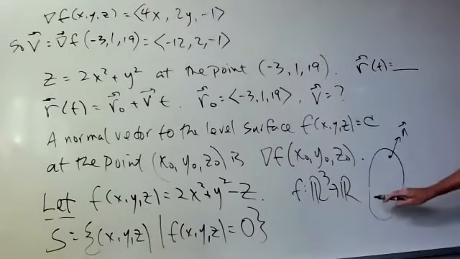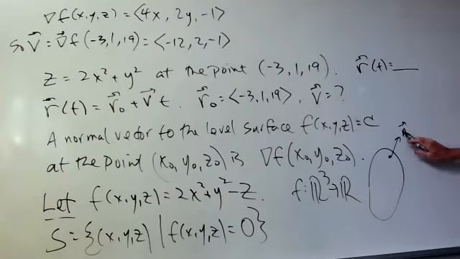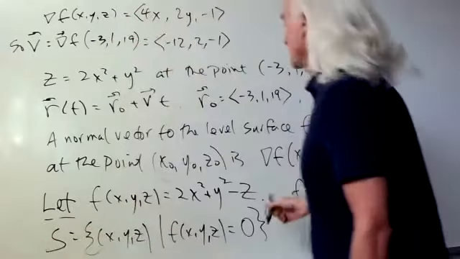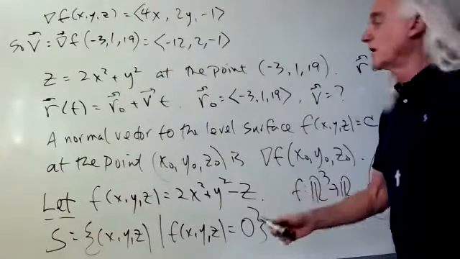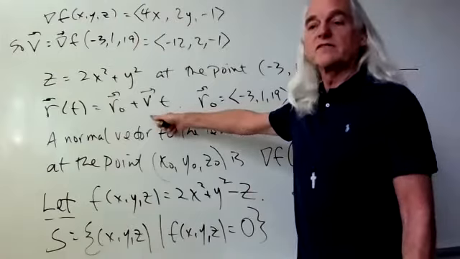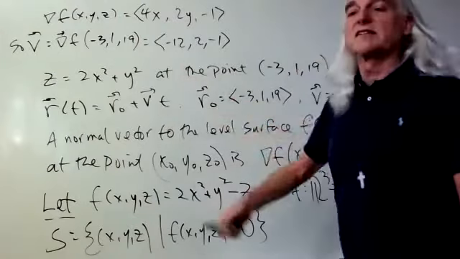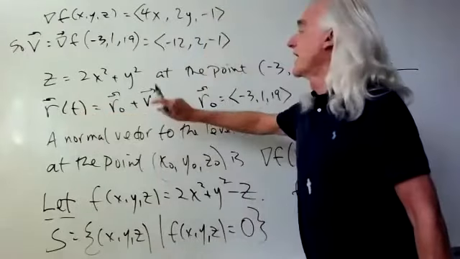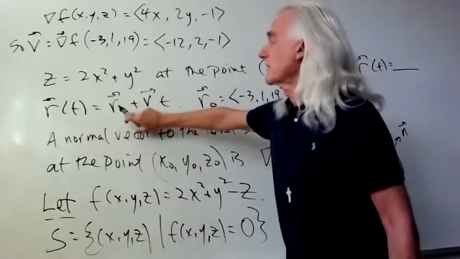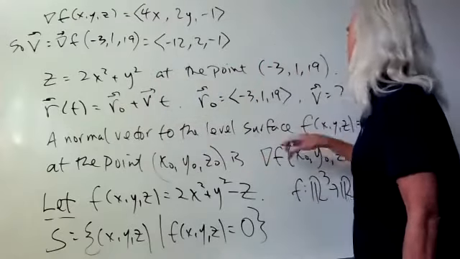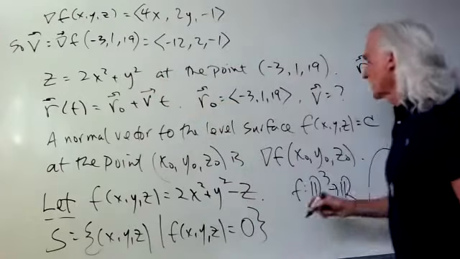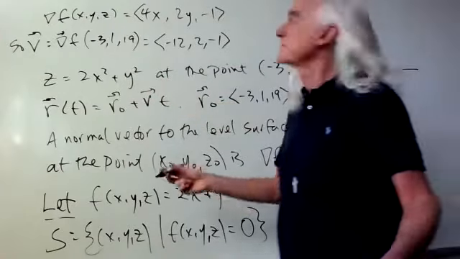So here's the surface. This normal vector to the surface is the gradient at the point (-3, 1, 19), and that's also the velocity vector for the line. Again, think of Tinkerbell flying through space, leaving her fairy dust. That's how the line is traced out. At t equals 0, Tinkerbell is right at the point (-3, 1, 19), and she's going off in the direction of the normal vector to the surface.